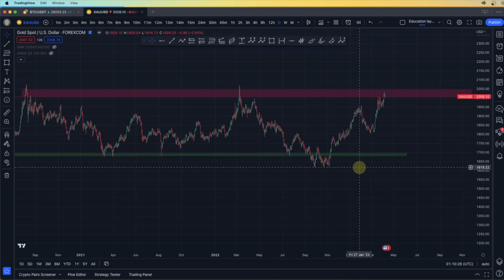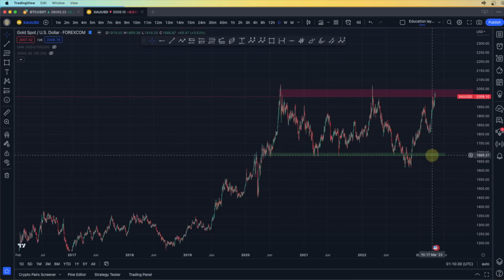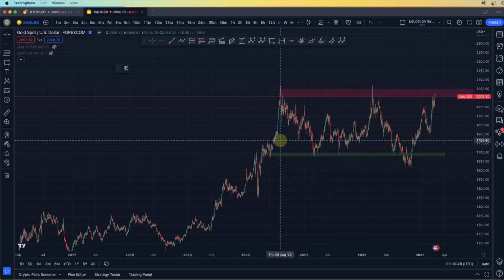The next area for us, we're going to go to the daily time frame. As you can see here, we don't have much, except this area where the market is ranging, and we can identify this area as support and resistance and supply and demand, but the market doesn't have that much reaction to it.